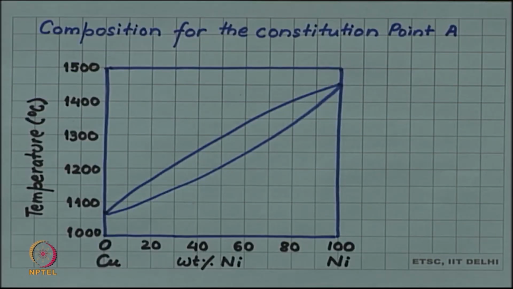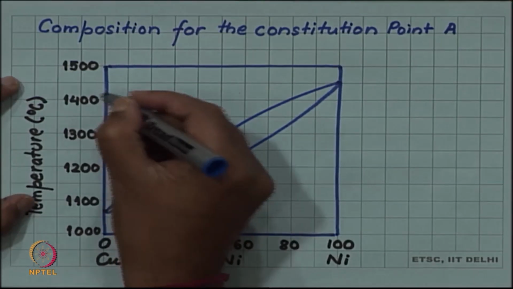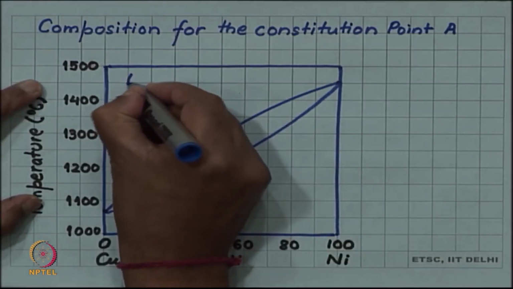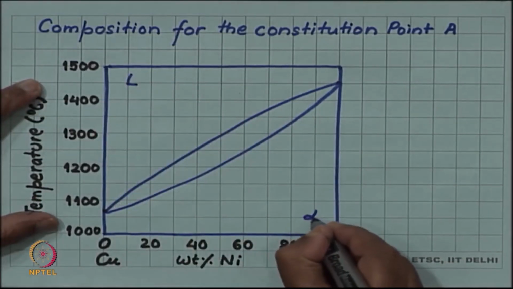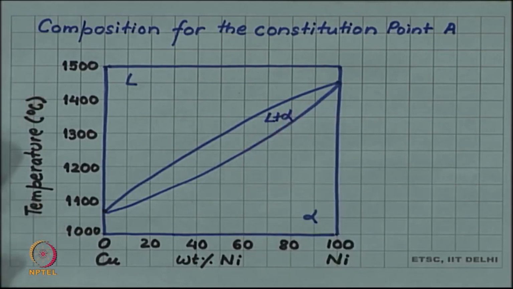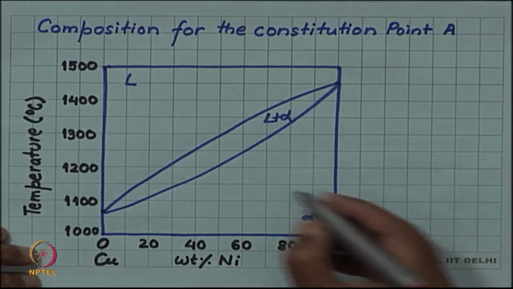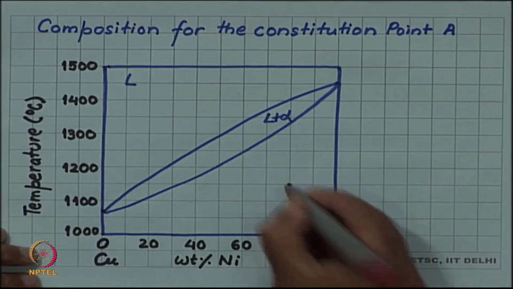So, let us again begin, as an illustration, with our phase diagram, which we have already become quite familiar with by now. And let us consider a point in this phase diagram. So, let me take a point here.